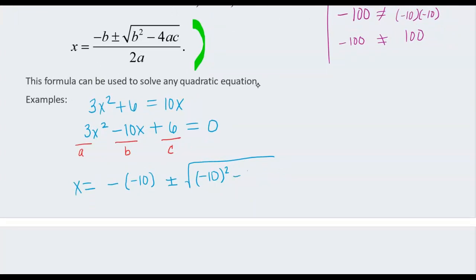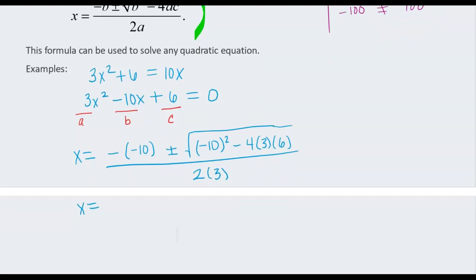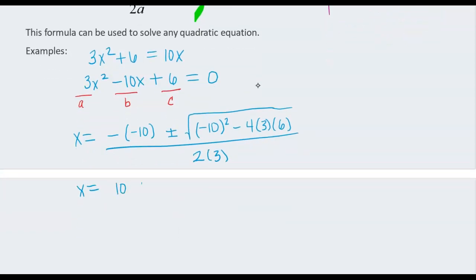All right, minus 4 times a times c all over 2 times a. So I'm getting 10 plus or minus, just double check that. 100 minus 4 times 3 times 6.